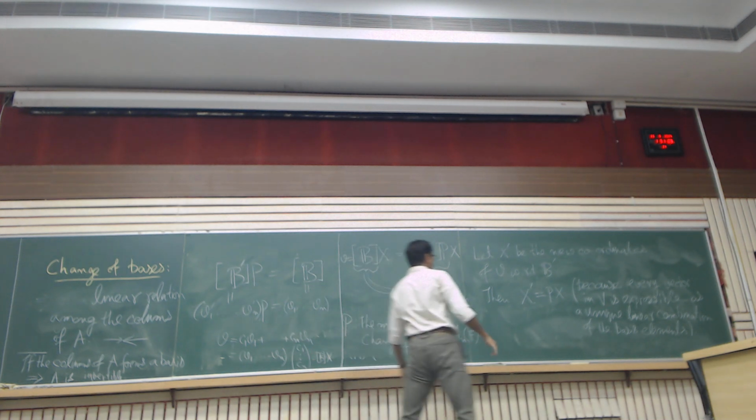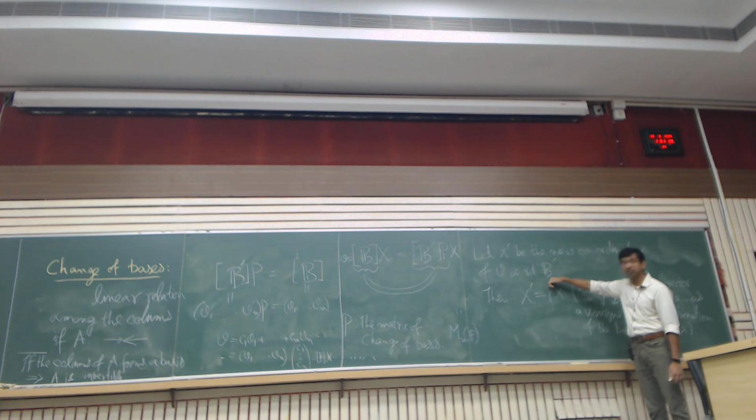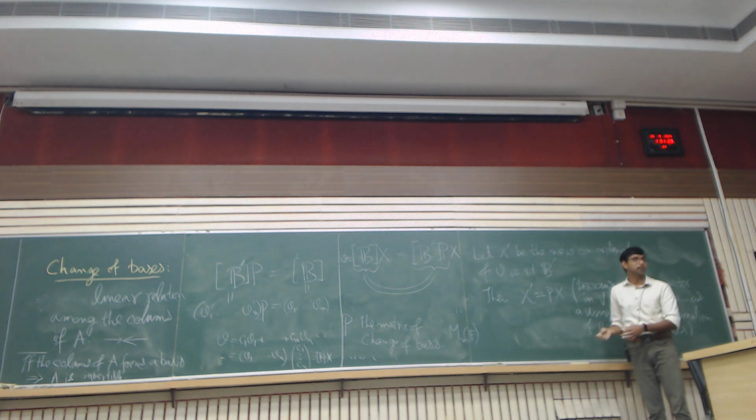And this is the old coordinate, this is the new coordinates. You get it by multiplying with the change of basis matrix on the left. So these are just two simple relations. The derivation is quite simple. You don't even have to learn it by rote. You can remember the proof and how we proceed.